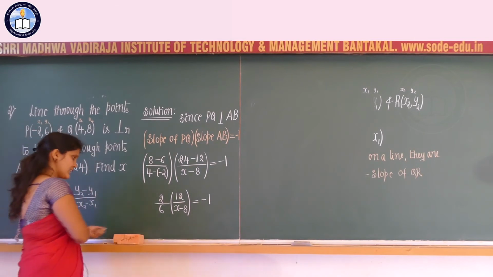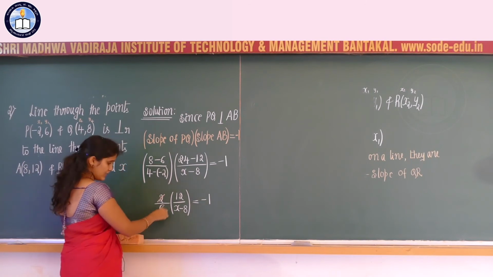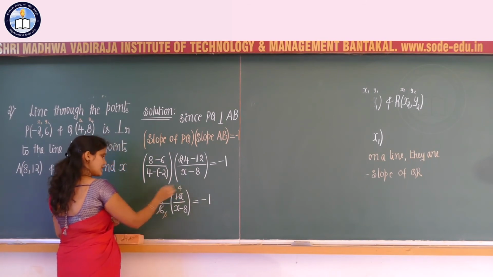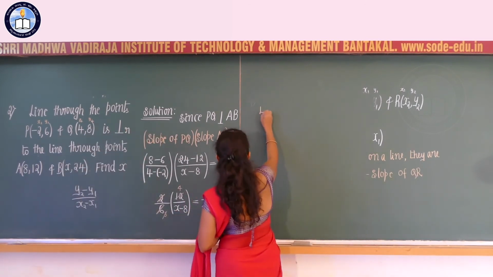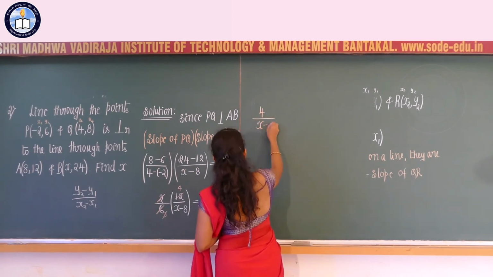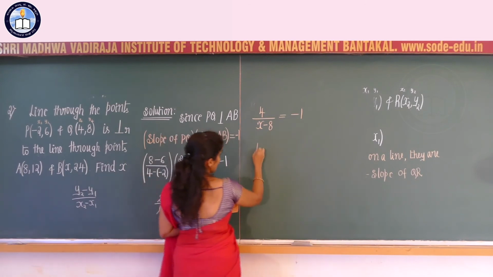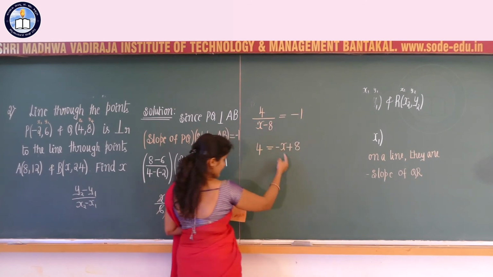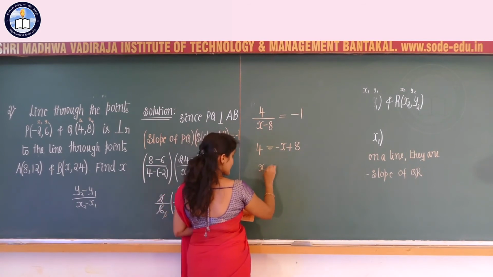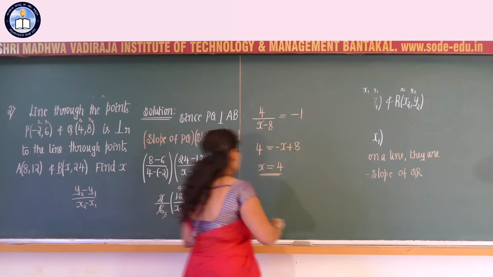Now simplifying, 2 ones are 2, 3 ones are 3, and 3 multiplied 4 times is 12, so we can write it as 4 divided by x minus 8 is equal to -1, which gives 4 is equal to x into -1 minus 8 into -1, that is plus 8, or minus x to the LHS, that is plus x, can be written as 8 minus 4, which is nothing but 4.